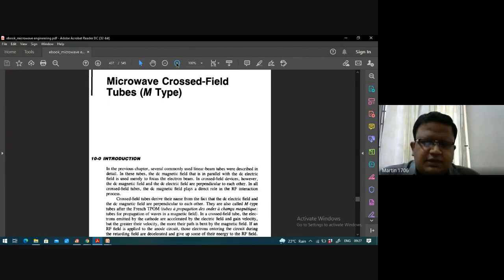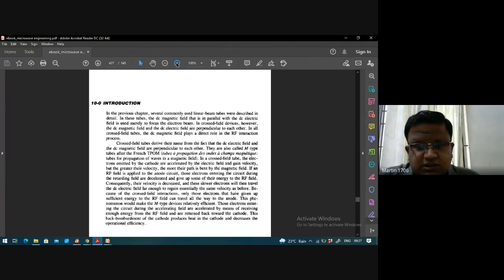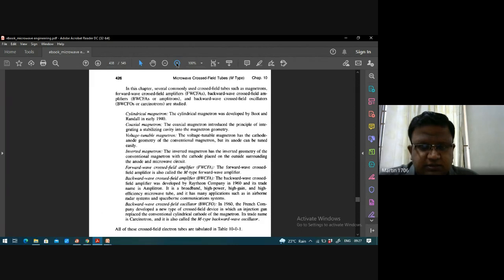Microwave crossed field tube. So the M is nothing but microwave crossed field tube. Actually, the previous one is called the O type microwave linear beam tube. Okay, this is a crossed field tube. You can see the structure. Some introduction has been given.